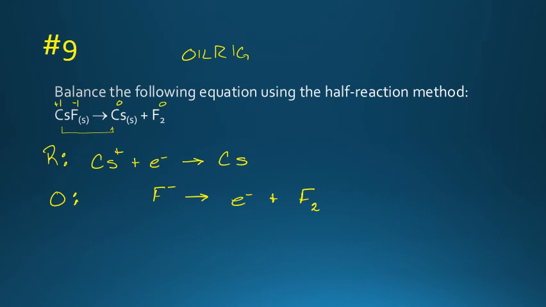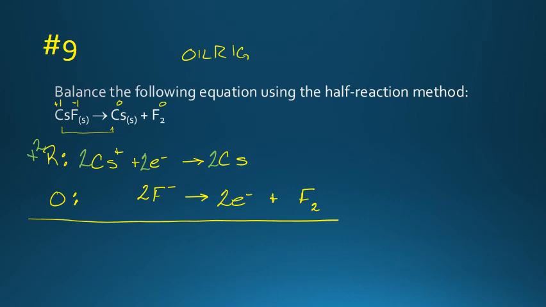So who was oxidized? Well, the fluorine ion lost an electron, but we have 2 fluorines for the element. So if I have 2 fluorine atoms, I had to have 2 fluorine ions, which meant I have to have 2 electrons. So now we're going to add this up. Well, I can't add it up because the electrons don't equal. So I'm going to multiply everything up here by 2. So 2 and 2 and 2.